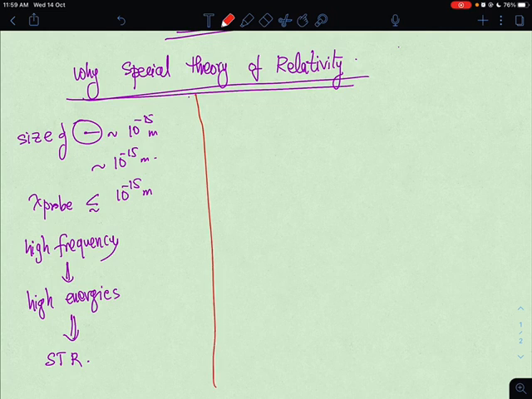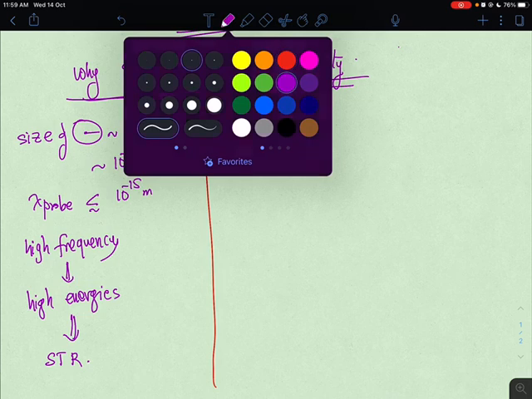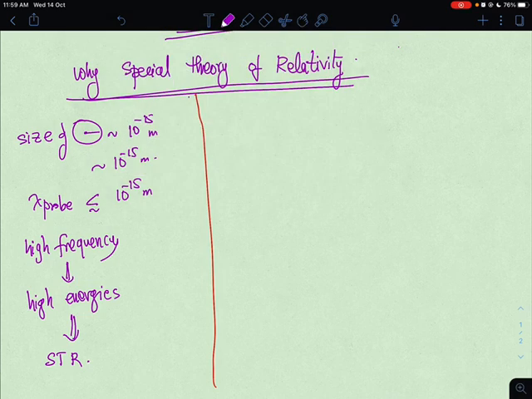Okay, there could be other reasons also. The other reasons would be the kind of experiments which we are looking at. All the experiments which we are looking at involve particle antiparticle annihilation.